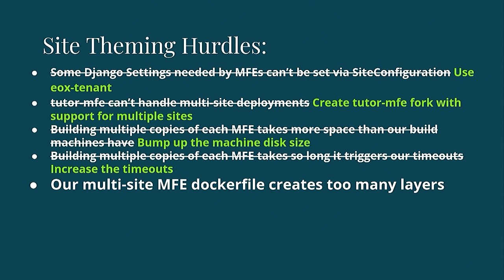We were basically multiplying the number of layers by the number of sites, so each site was creating its own set of layers. This was a pretty easy thing to solve. We refactored the Dockerfile, and we ended up in a situation where it creates only one layer per MFE with all the sites bundled into each layer.